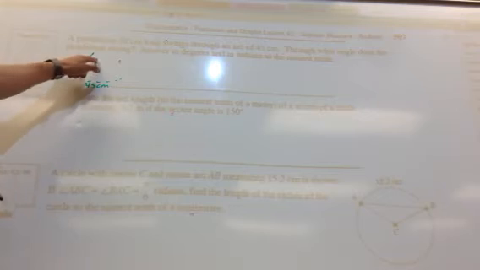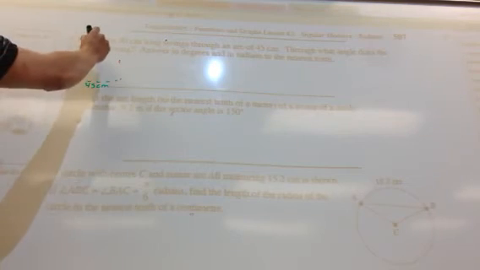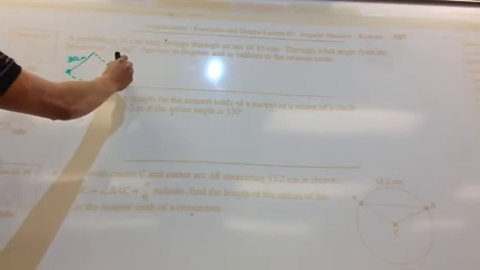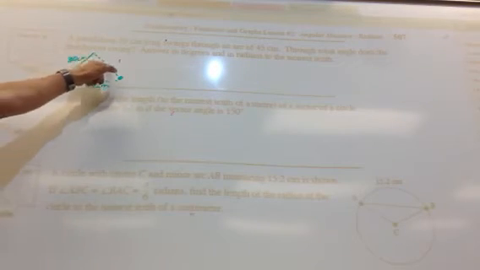If my pendulum swings back and forth, from here all the way to here, where's the angle we're looking at? Between those two lines. Good. This is the angle we're looking at, so that's where theta is.